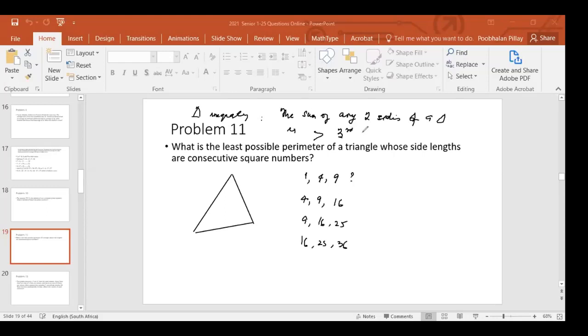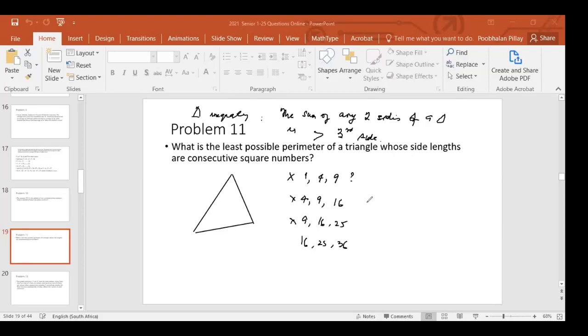When you add these 2, you'll always get a number which is larger than the other side. Now here, this cannot work because 1 plus 4 is not greater than 9. So there is no such triangle. Here too, 4 plus 9 is 13, too small. 9 plus 16 is exactly equal to 25. So you can't get a triangle here.